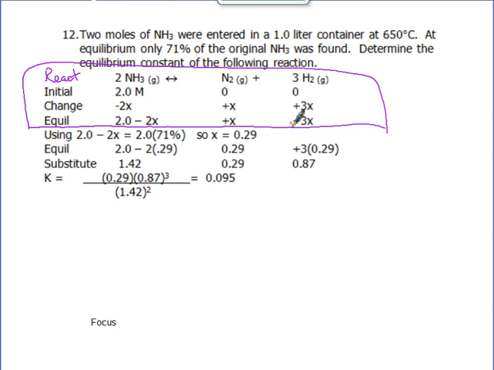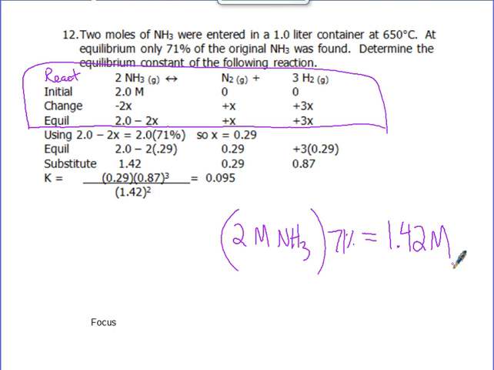So, started off with 2 molar NH3, and we're going to have 71% of that. So that would be 1.42 molar, because 71% of 2 molar is 1.42.